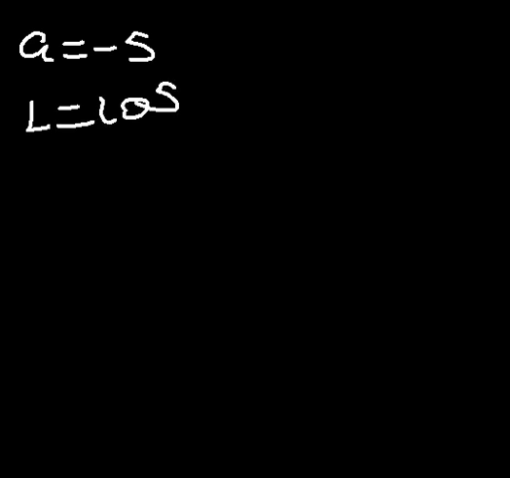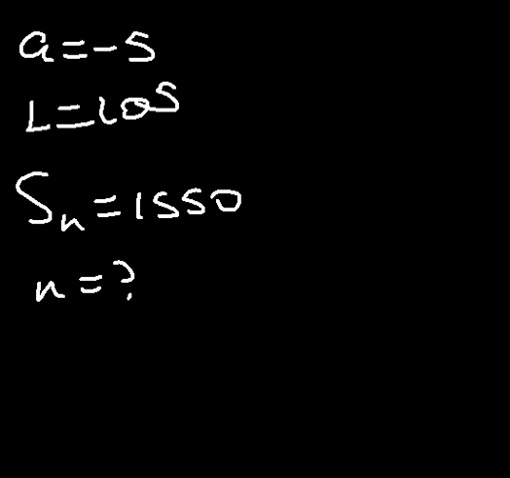Now the sum of these terms is given as 1550, that is the sum of n terms, which we don't know. The question asks: what is the number of terms in that case?